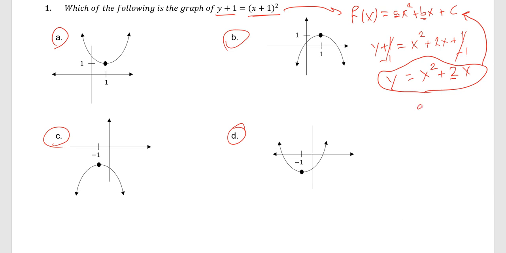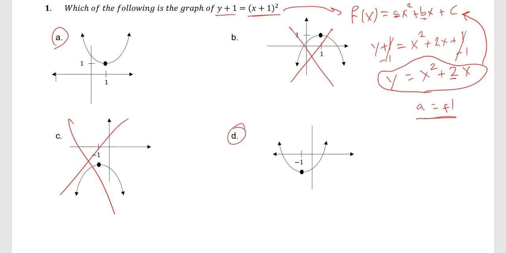So a, in our case, is plus 1. Since it's positive, we know the function opens up. So this automatically eliminates b and c, because these functions open down. So our choices are either a or d.